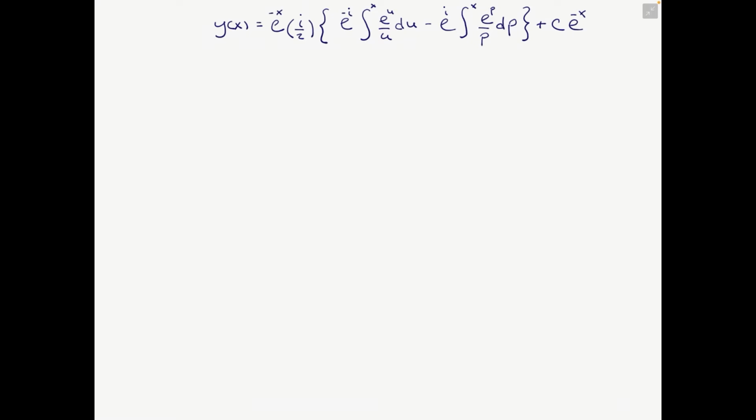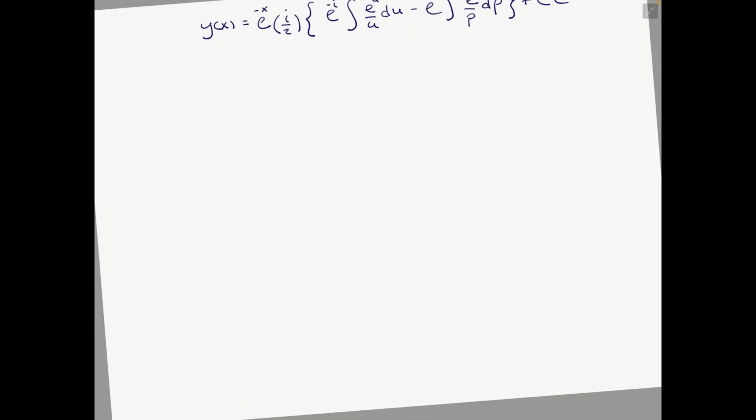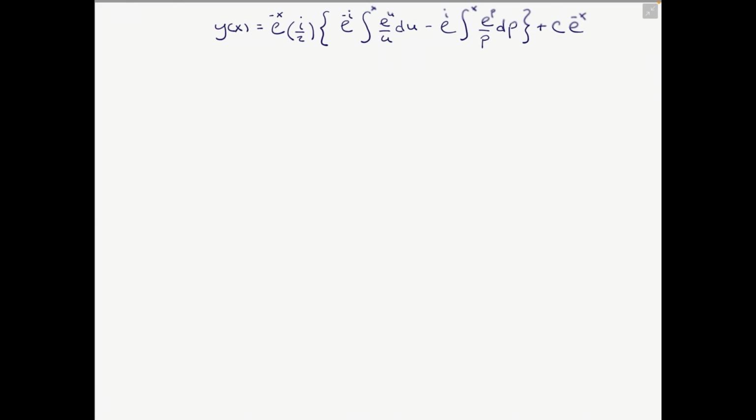What we did with the Gaussian, remember, e to the minus x squared was equal to the sum of minus 1 to the n x to the 2n on n factorial, n equals 0 to infinity.